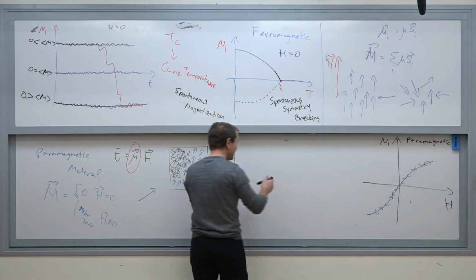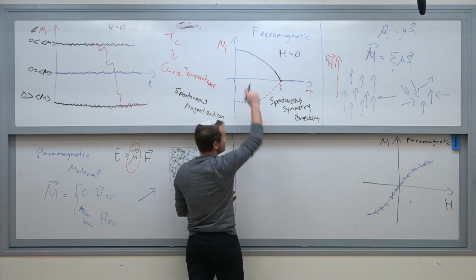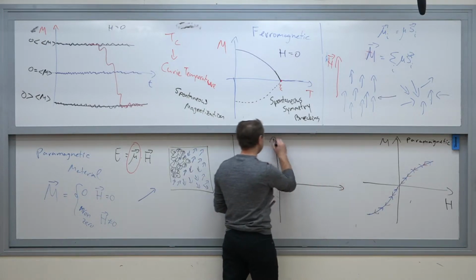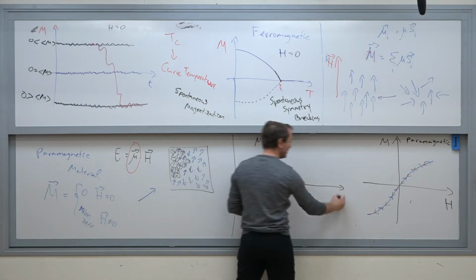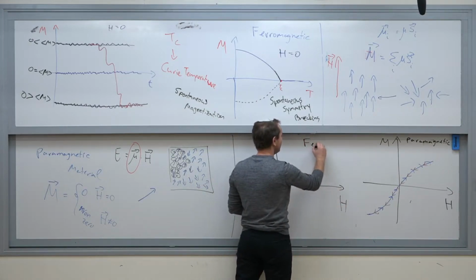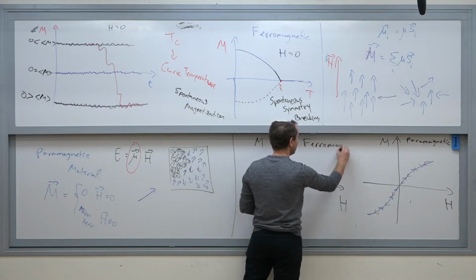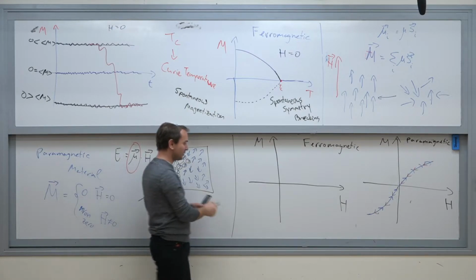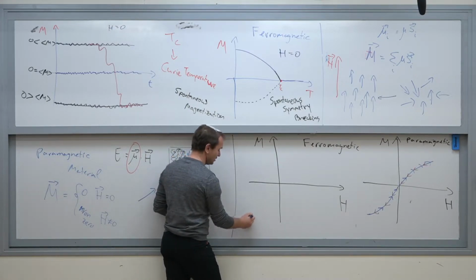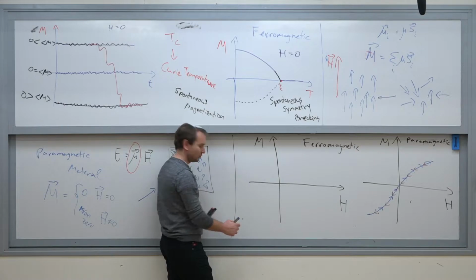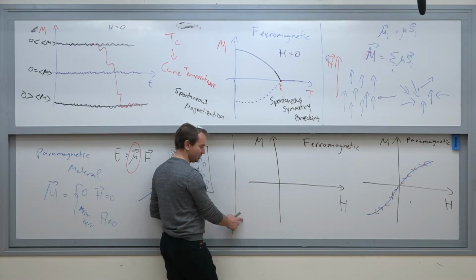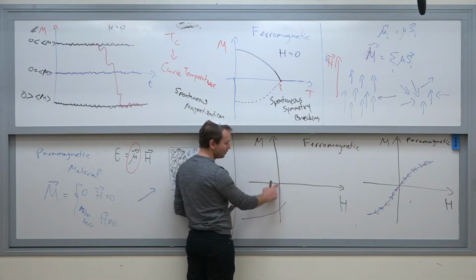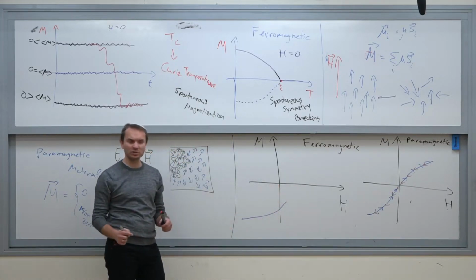Now for a ferromagnetic material, or in this ferromagnetic phase, something else happens. So this is again M, this is H, and this is ferromagnetic. I'm starting again from the small h or negative h region. I'm growing. And I'm not crossing M equals 0. Why am I not crossing M equals 0?